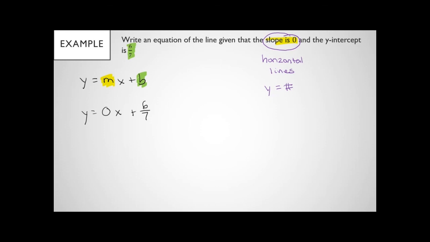And then 0 times anything is 0, so that 0x disappears, and we get y equals 6/7. And that is the equation. You will get a horizontal line if you graph that. It will go straight across, slope is 0, and it's going to go through the y value of 6/7.